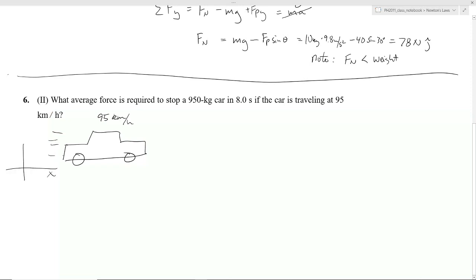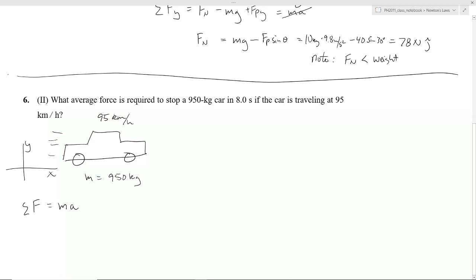Give ourselves a coordinate system. And this thing has a mass, evidently, of 950 kilograms. And we want to know the force. So we know that the net force on the car will equal its mass times acceleration.